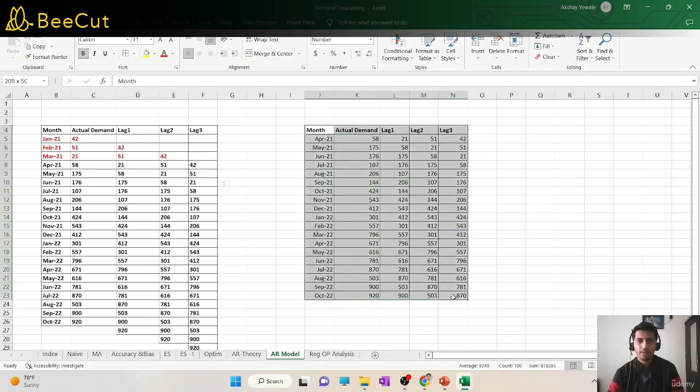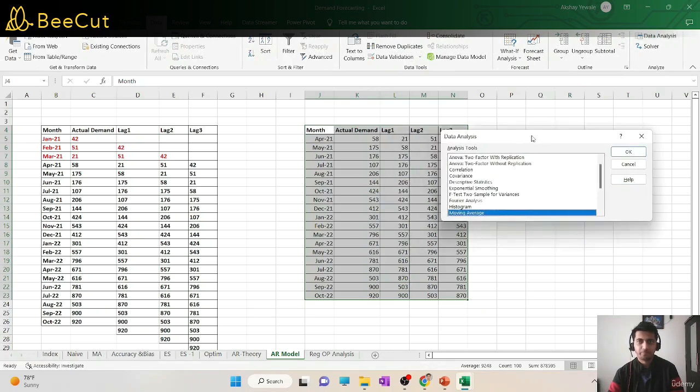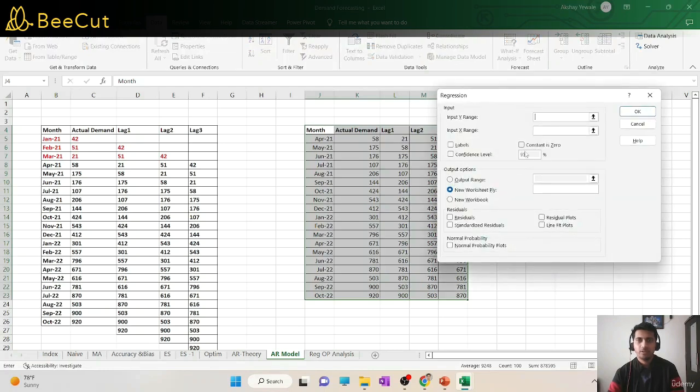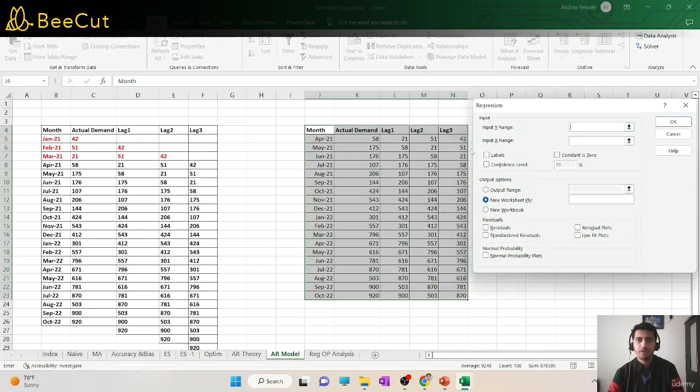So once you have them ready here, we just need to select them, go to data, go to data analysis, and here you can select the regression. Click OK. So y, what is y?